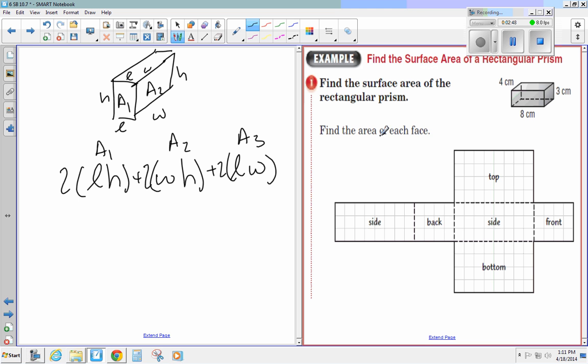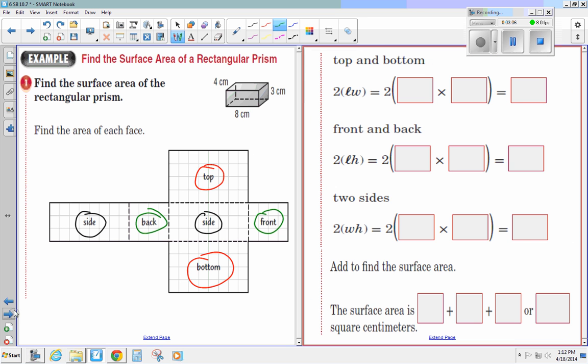So looking here, here's a side and a side, a top and a bottom, and a back and front. Those areas are the same. Here's the 2LW that I was talking about earlier, top and bottom.